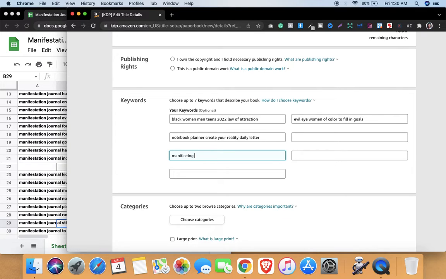For example, scripting. This is the next thing I can think of when it comes to a manifestation journal. What next? It can be a gift to someone, it can be a present to someone. In the UK they call a gift a present, that's why I have written present over here.